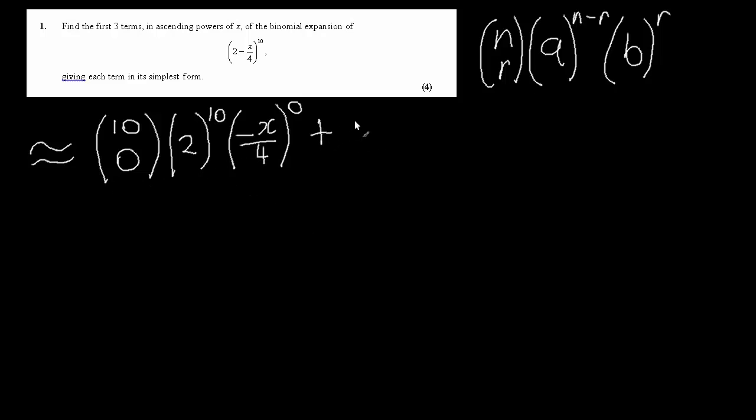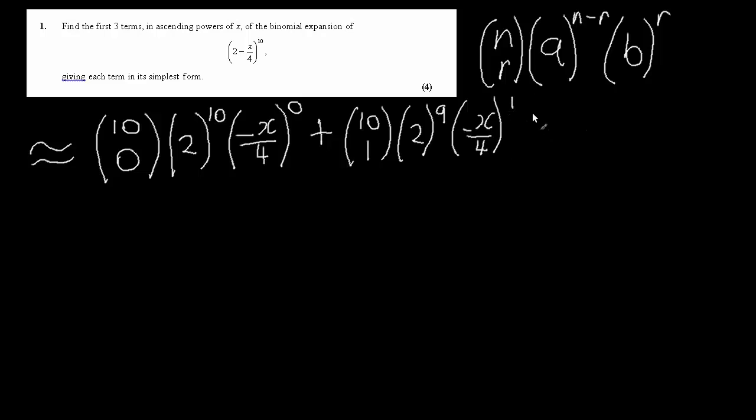Second term, so n is still 10. Now we're on the second term, r is 1, so 10 choose 1, 2 to the power of 9 now, so we've taken away 1 from n, and minus x over 4 to the power of 1. That's our second term.